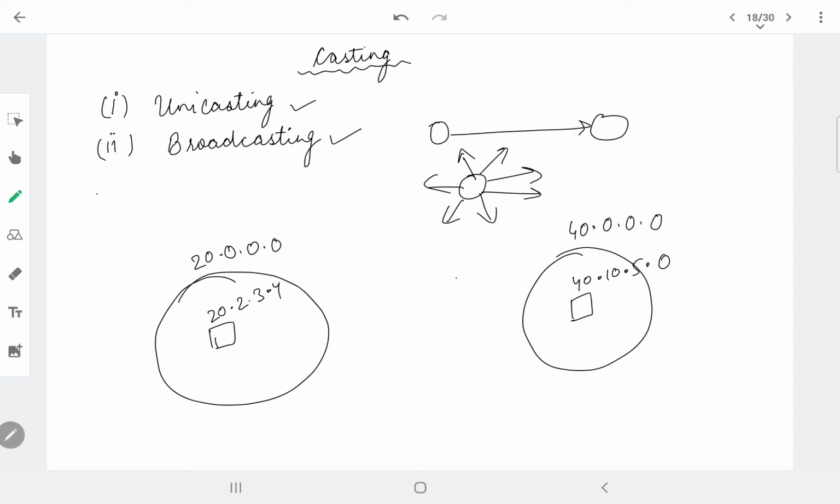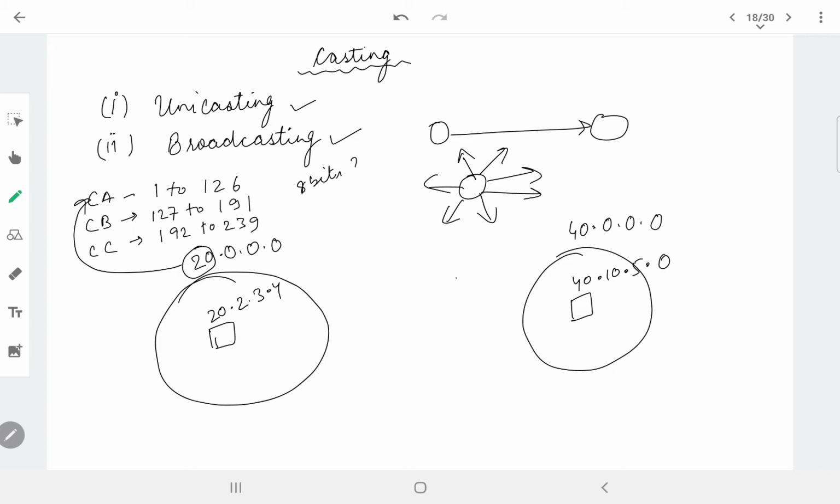Now these both networks belong to class A. As we can see, in class A the range was 1 to 126. For class B, the range was 127 to 191. Class C, the range was 192 to 239. Since the first octet is 20, it belongs to class A. In class A, the network ID part is 8 bits and the remaining 24 bits are the host ID part.